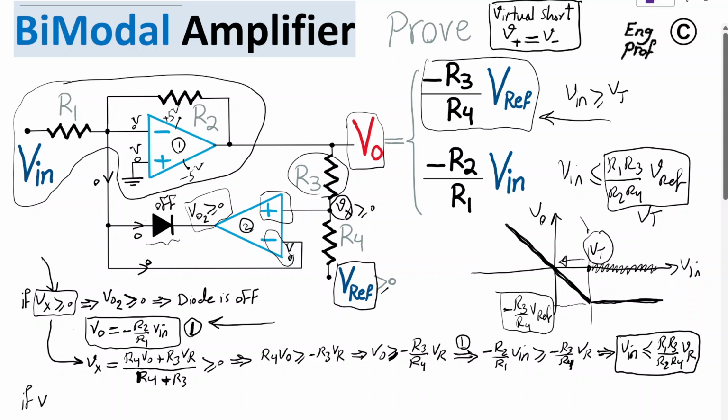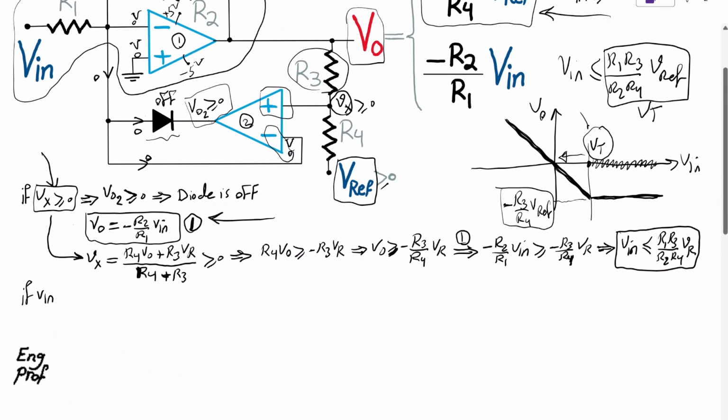If Vn is now greater than R1 R3 divided by R2 R4 times Vref, then Vx is going to be a value that is less than 0, and as a result, of course, the diode turns on.